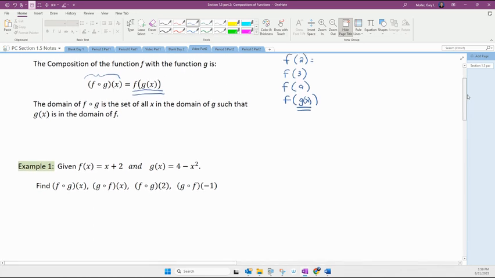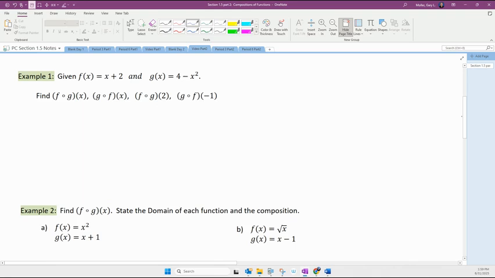So here we go. Let's just power through some examples. Given these two functions, let's go ahead and evaluate. Looks like I've got 4 problems there. So f of g of x simply means this, which means take function f, and here's my advice to you. Wherever there is an x in the function you're putting things into, put a parenthesis.